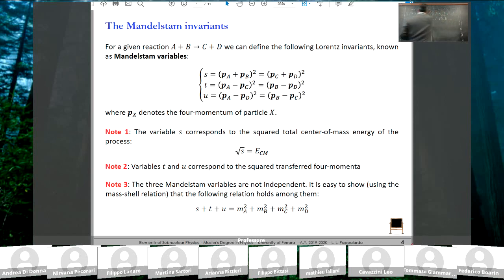We substitute now our values from the line before. So this is the energy of particle A plus the mass of particle B, squared, minus, and here this is 0 because particle B is at rest, so we just have the square modulus of the momentum of particle A.